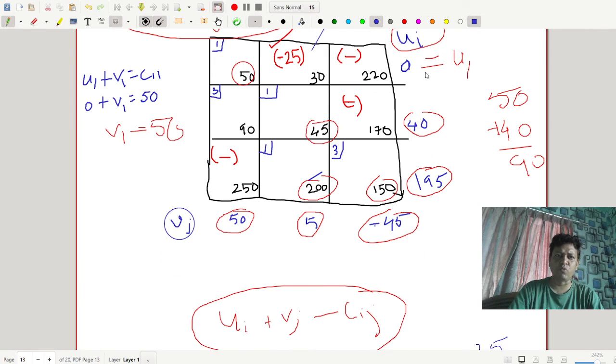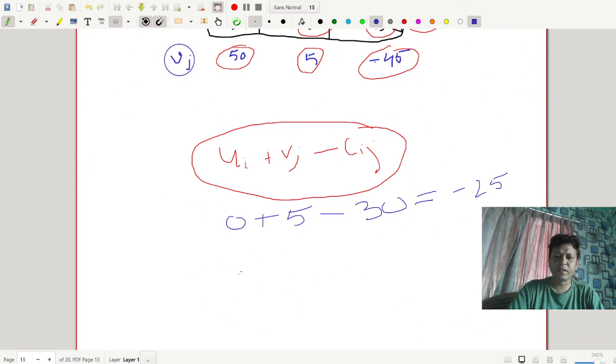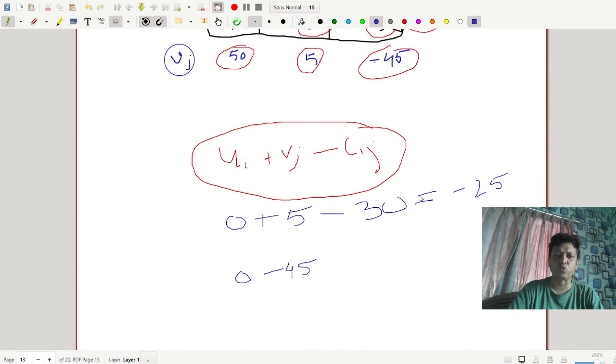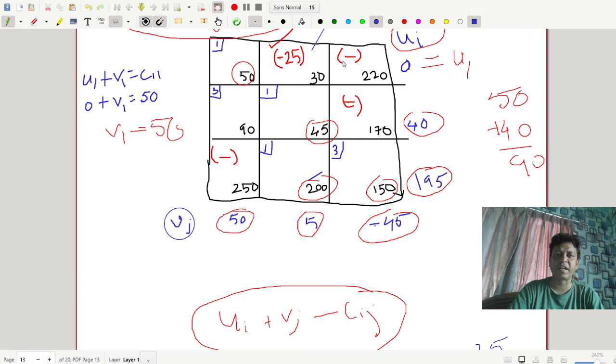Again, you are considering u1 as 0 and the corresponding v3 is minus 45. So 0 minus 45, and what is your cij? That is c13, 220. So it's negative, minus 265. I don't need the values, I just need the sign, so I put the negative sign.